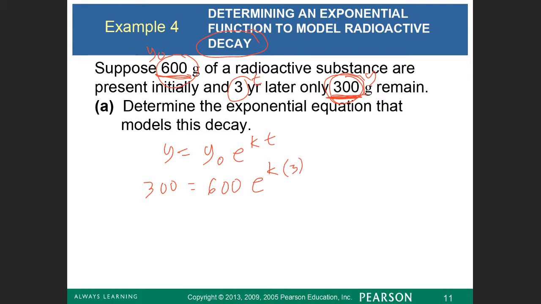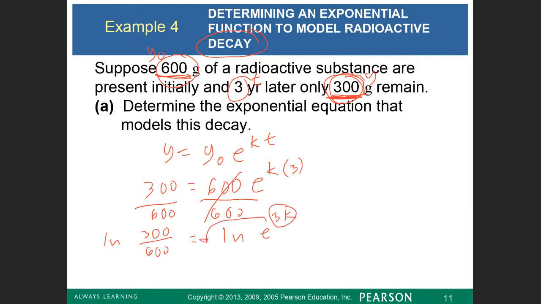So we can write the exponential equation model for this decay. We divide this by 600 and divide this by 600 here. So this cancels out. And we're taking ln on both sides to bring down our k using the power rule. So we'll get ln e to the 3k here. Then we can place this 3k to the side using the power rule.